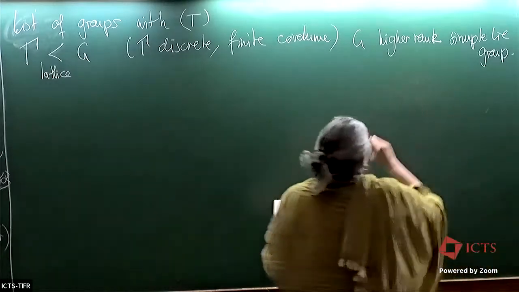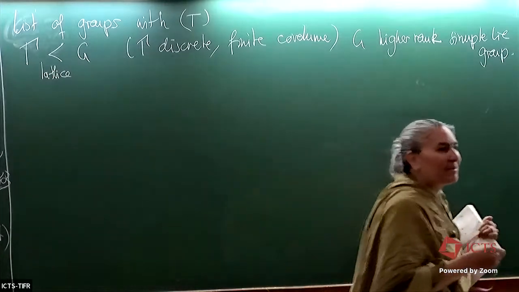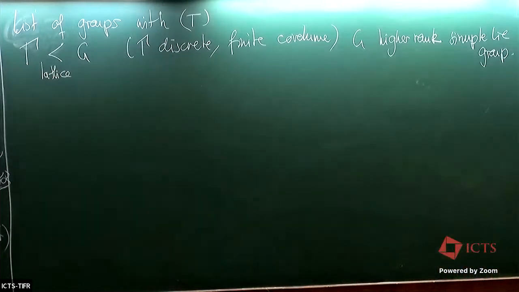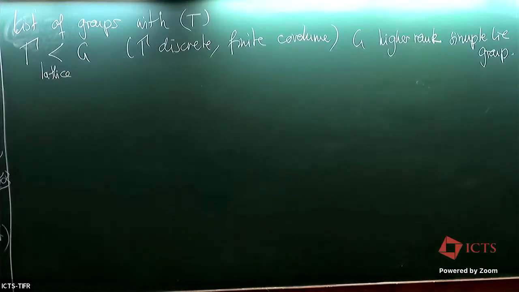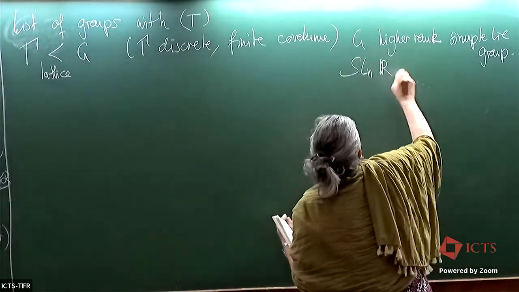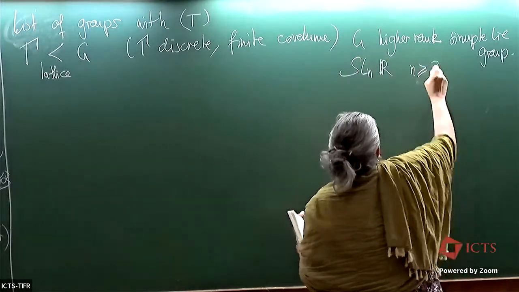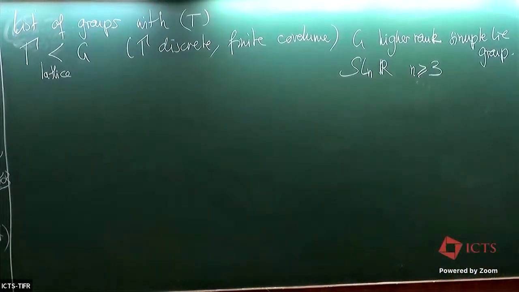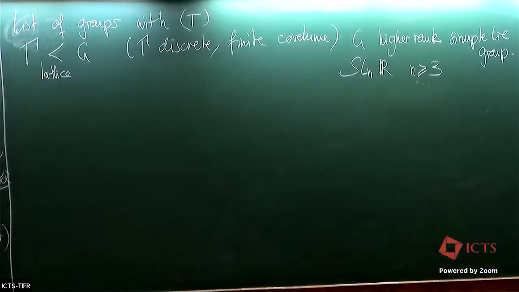In the list, most of them are matrix groups, like SL_n(R), Sp_n(R). So you can think of SL_n(R) for n greater or equal to 3. There's an algebraic definition of the rank, but there is a geometric definition of the rank, which is the largest R^n you can isometrically embed in your group.